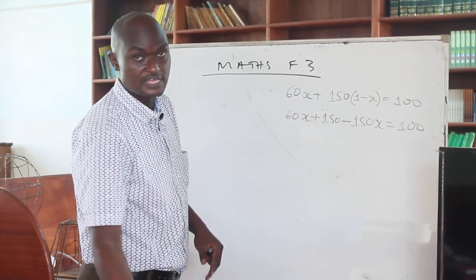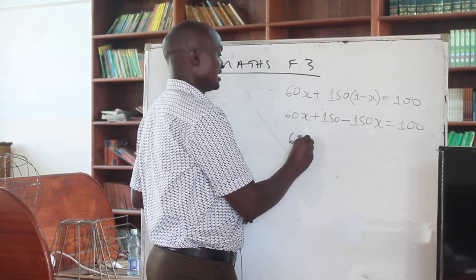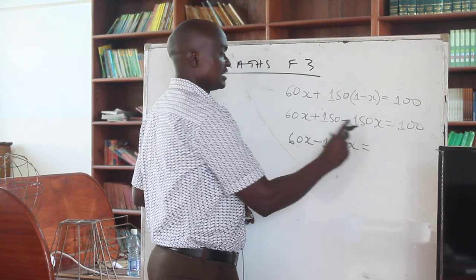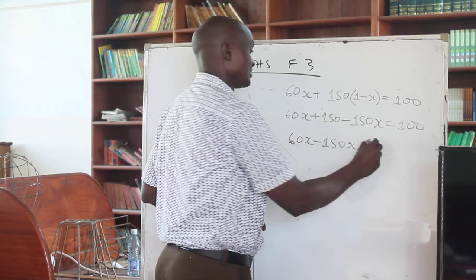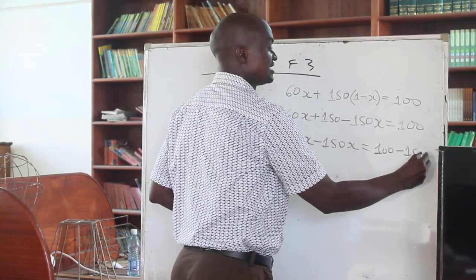Let's bring like terms together. 60x minus 150x equals to, this goes to the other side, 100 minus 150.